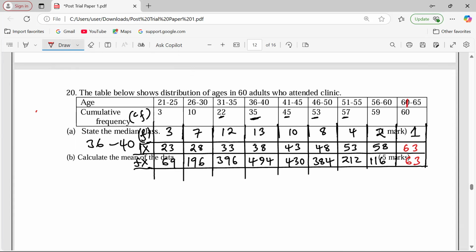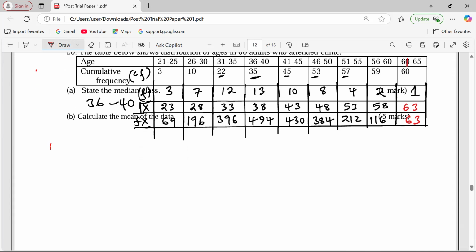So we are supposed now to know that mean is given by summation of f of x divided by summation of f.